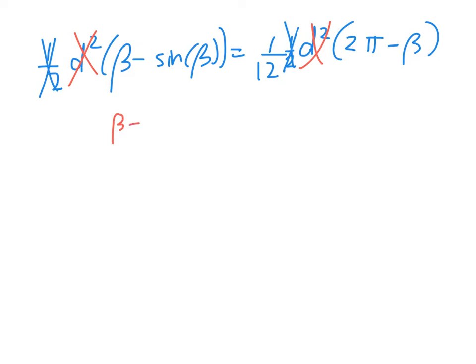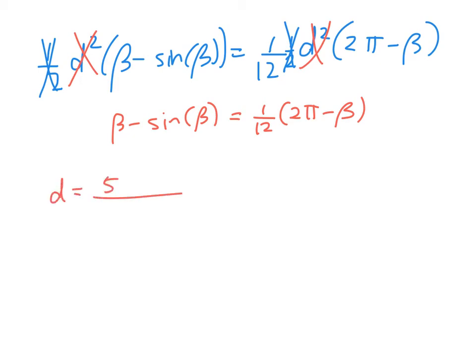So that's all good. So what have I got? Well, I've got beta minus sine beta equals 1/12 of 2 pi minus beta. So I look at that, and now it's time to take a look at what I'm trying to show. And what I want to show is that d is equal to 5 over 2 times beta minus sine beta.